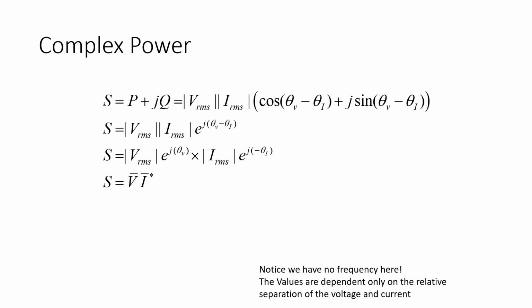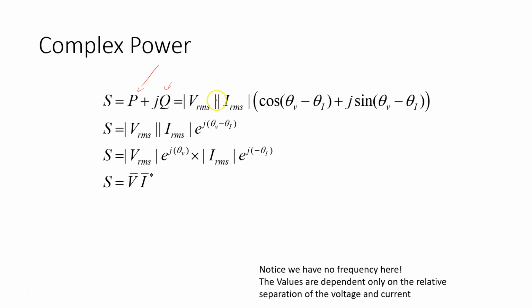So the complex power, we looked at what is real power and what is reactive power. The complex power is simply the complex sum of the real power and the reactive power. So we just can't add them to each other. So we use P as the reference with zero angle, and then Q is on the imaginary. So it is P plus jQ.